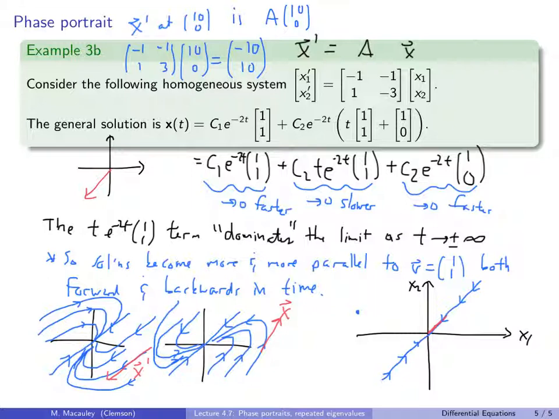So that tells us that we must have this situation rather than this situation. Notice if I had done 1, 0 instead of 10, 0, it's not quite clear that we would escape this sort of twisting that we have close to the origin. So given that, I guess I don't need to redraw it, but yeah, let's do it. The phase portrait is going to look something like this.